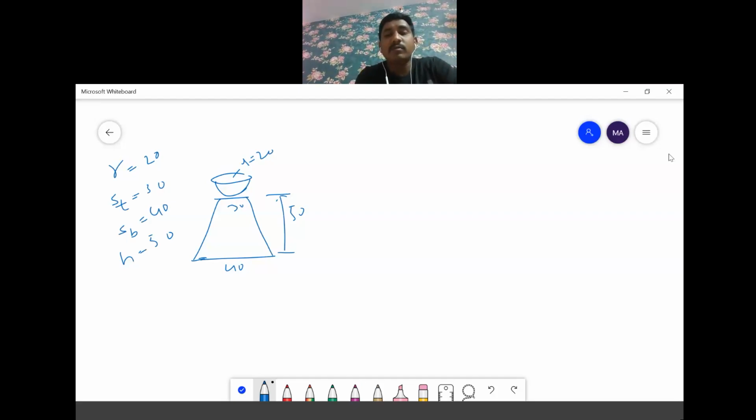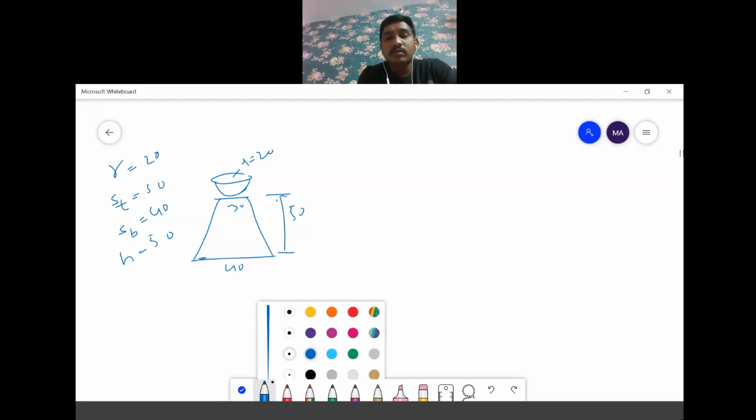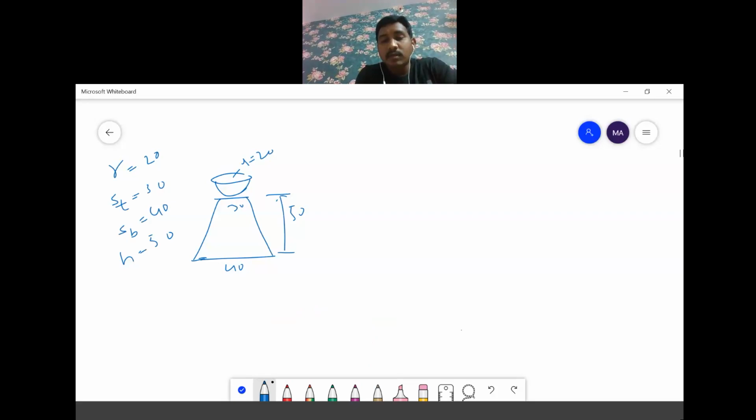First, I will take a point O. From O I am drawing an inclination of 30 degrees on this side and 30 degrees on this side.